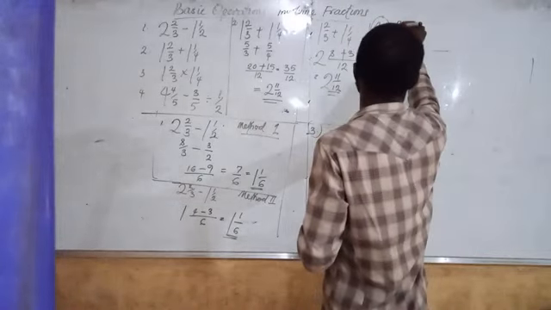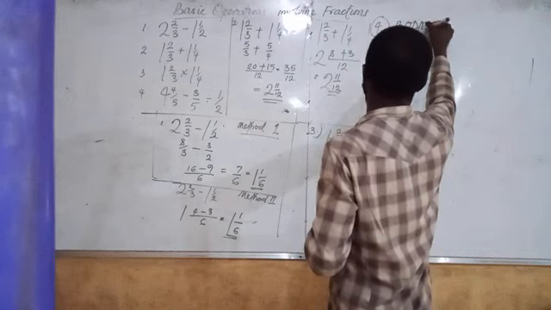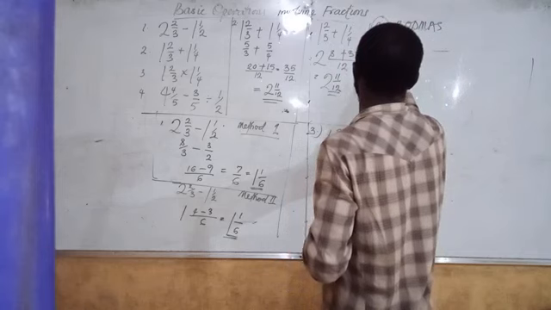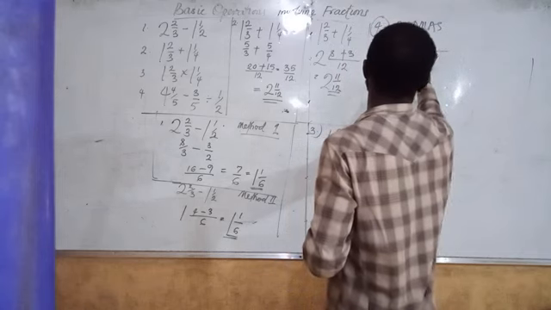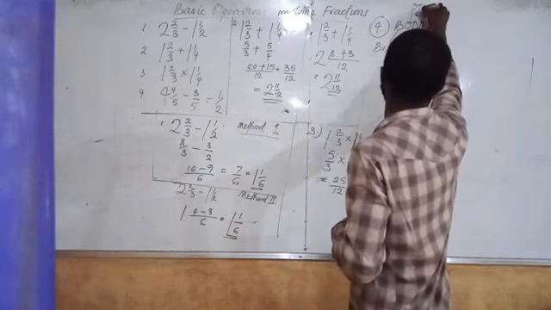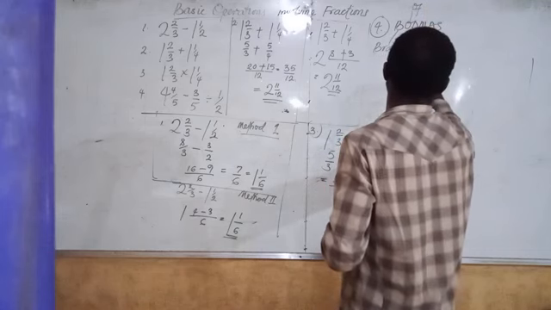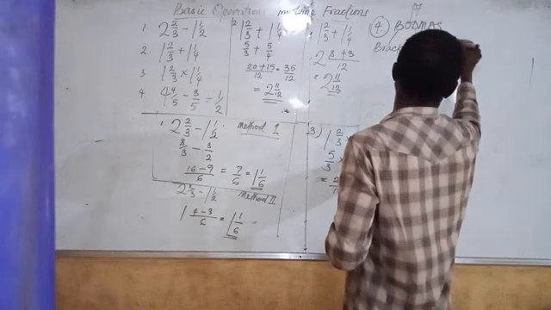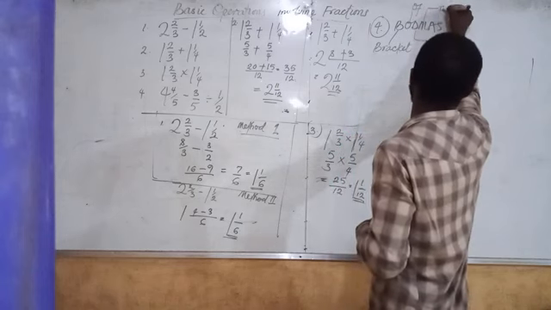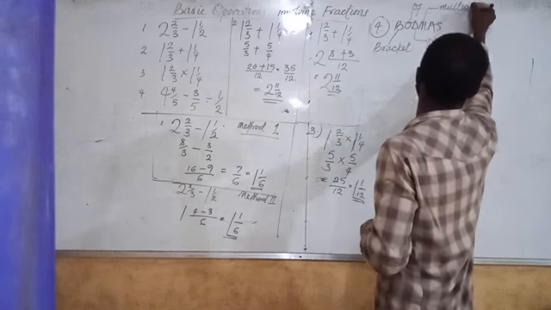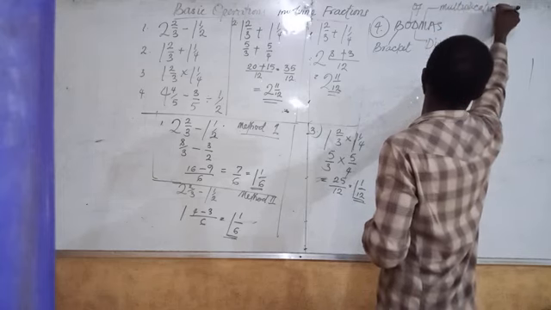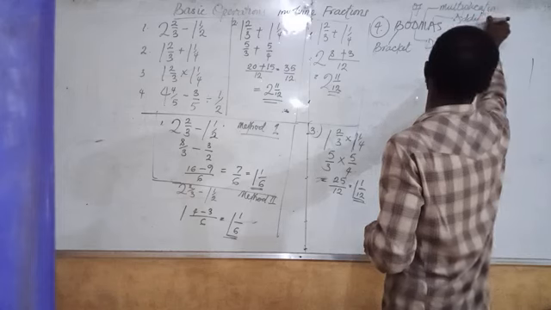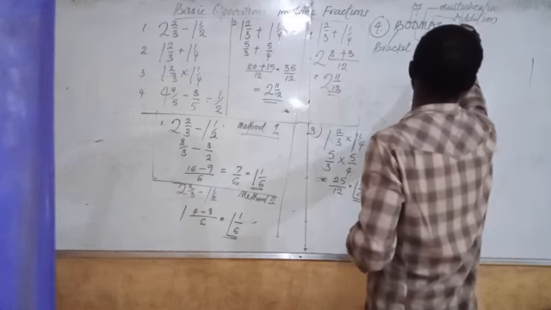So for example, the mnemonic is actually BODMAS. BODMAS standing for bracket, then O for of, D for division, then M for multiplication, then A for addition, S for subtraction.